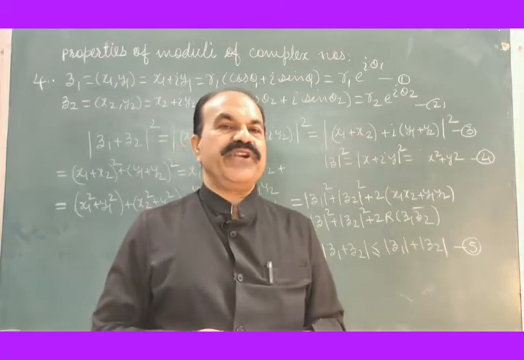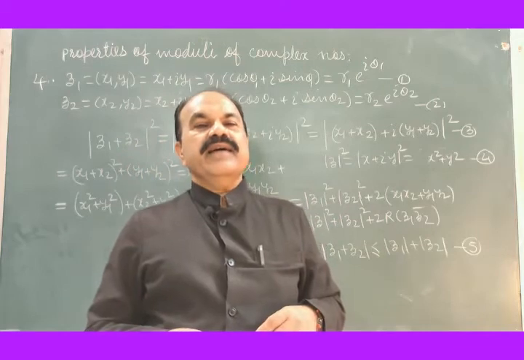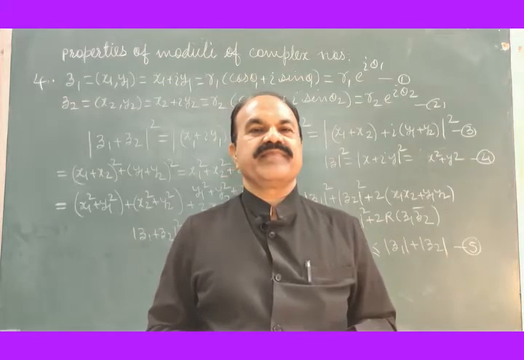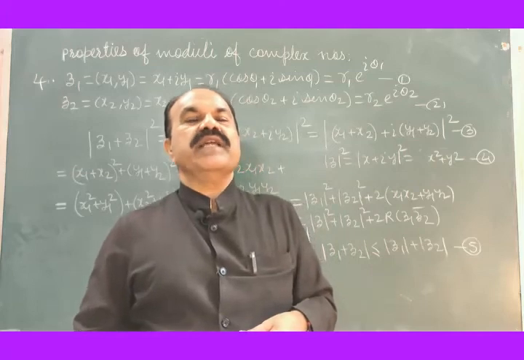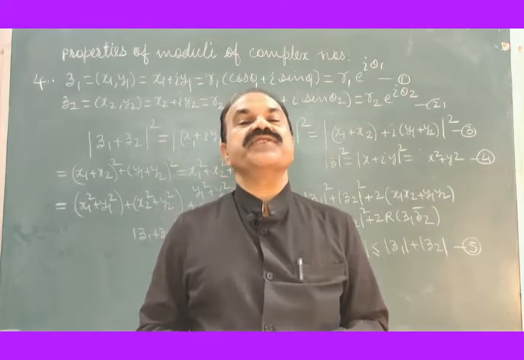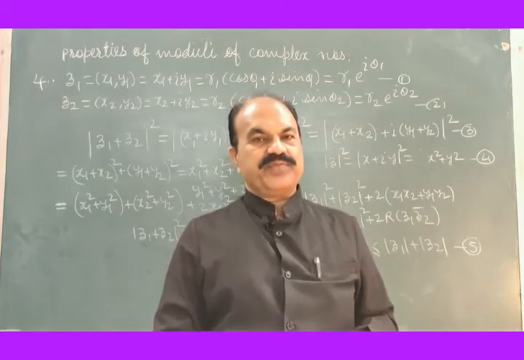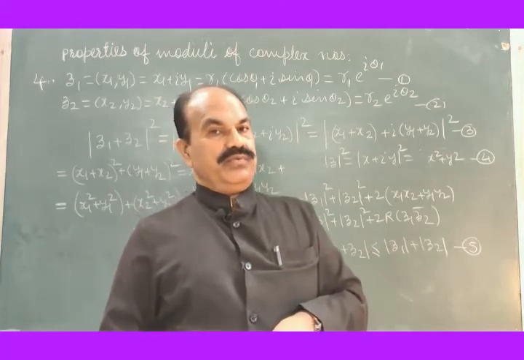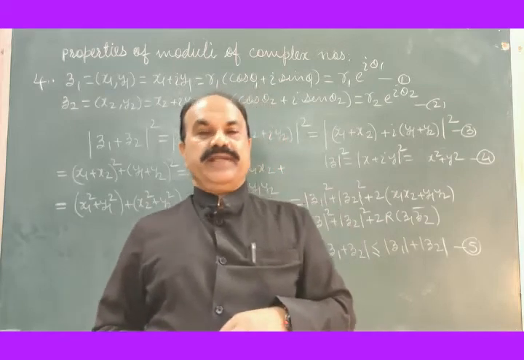And the fourth property related to this is: modulus of difference of two complex numbers is always greater than or equal to the difference of their moduli.